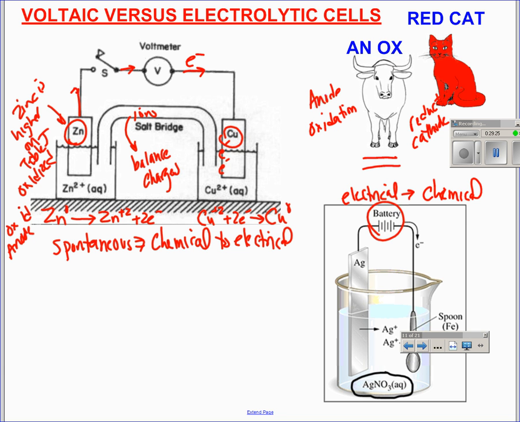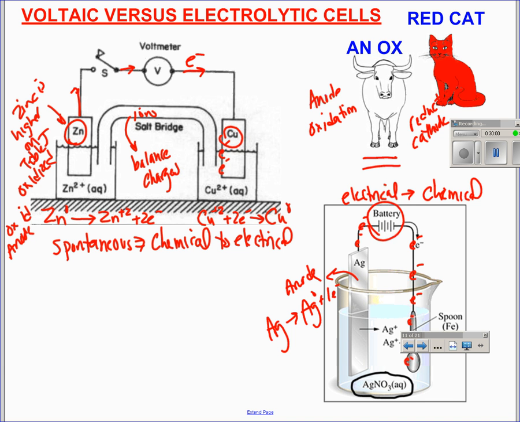Okay? Over here, when we talk about the electrolytic cell, the silver atoms over in the anode are going to be oxidized to form silver ions. How are they going to do that? The battery is going to pull the electrons away from the silver, and it's going to deposit them on the spoon that we wish to be silvered.